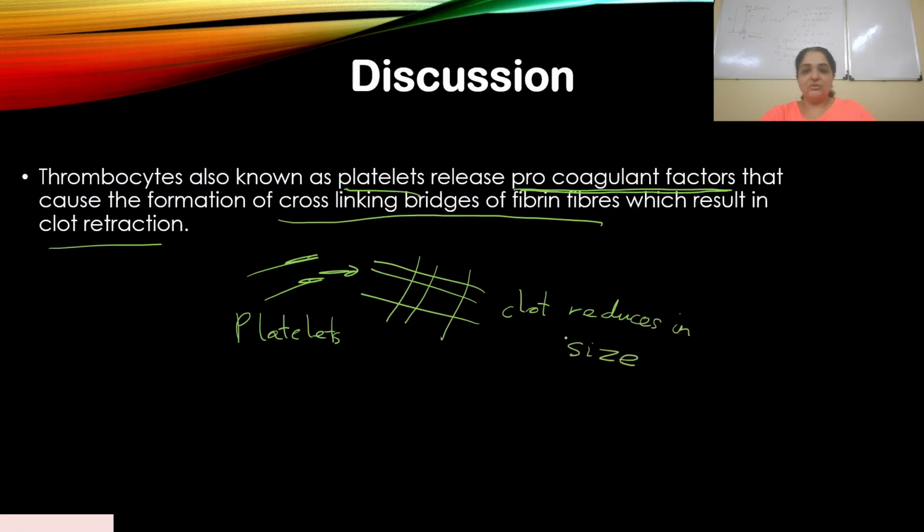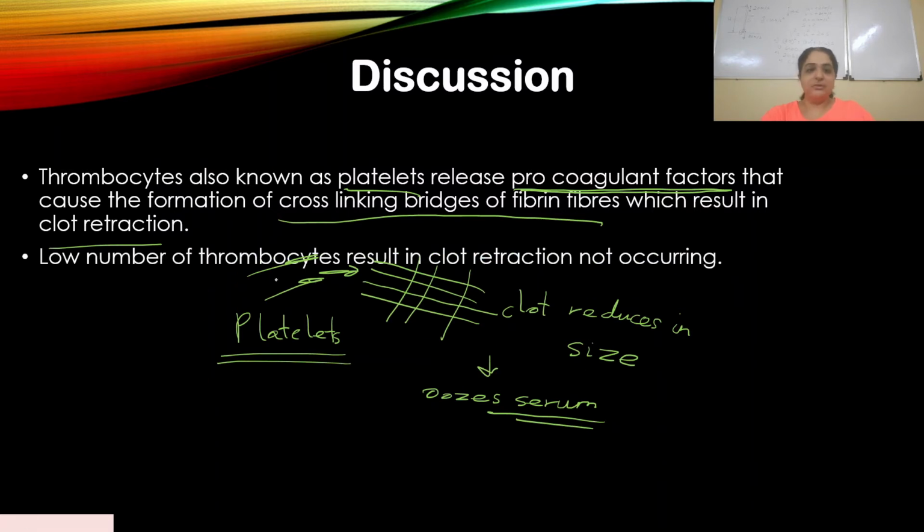When the clot reduces in size, it is healing. It's a process of healing. So the clot reduces in size and it actually oozes out serum. You see yellow color liquid, that's called serum. So these platelet factors that are released from the platelets help in the clot retraction. That means the clot reduces in size. So that is why it is important for platelets to be present in your blood. Excessive loss of platelets could then result in loss of blood.